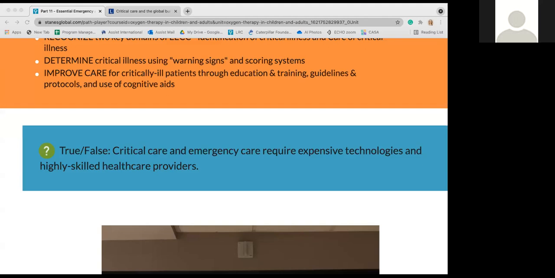No, we may be able to detect all those patients by using a good physical exam and a systematic approach, which can be taught by courses like PLS, CPR, ACLS, and so on. So just keep that in mind, that we don't need things to be expensive only, and we don't need a lot of years of experience and training only. So let's go to the next question.